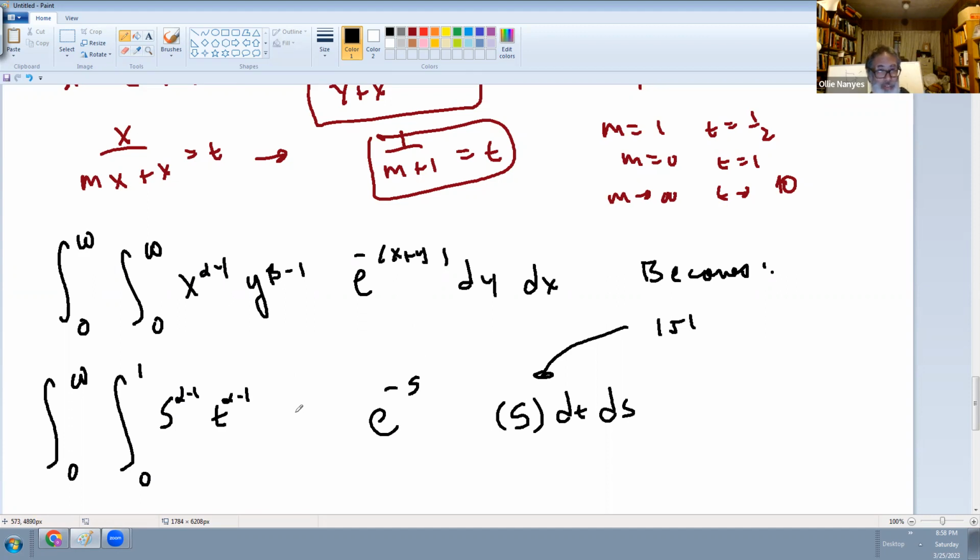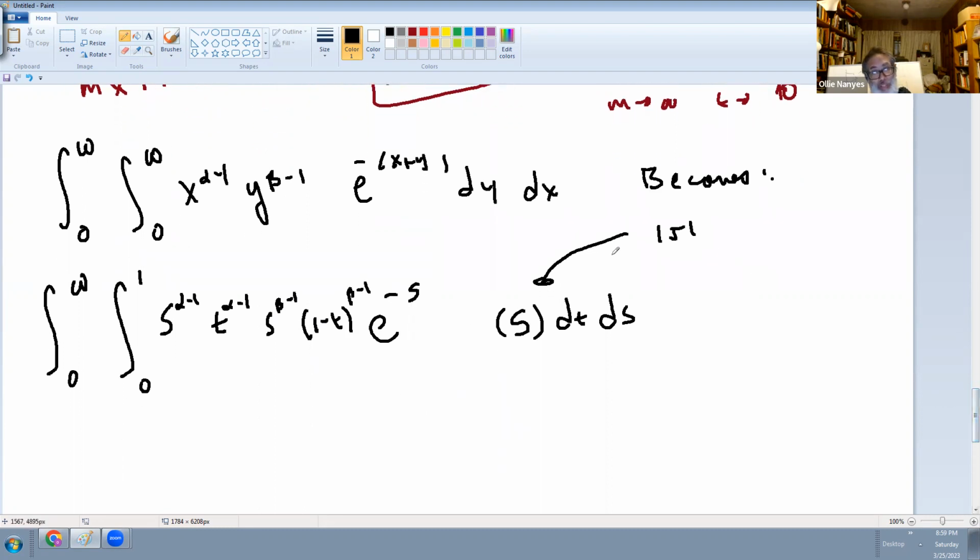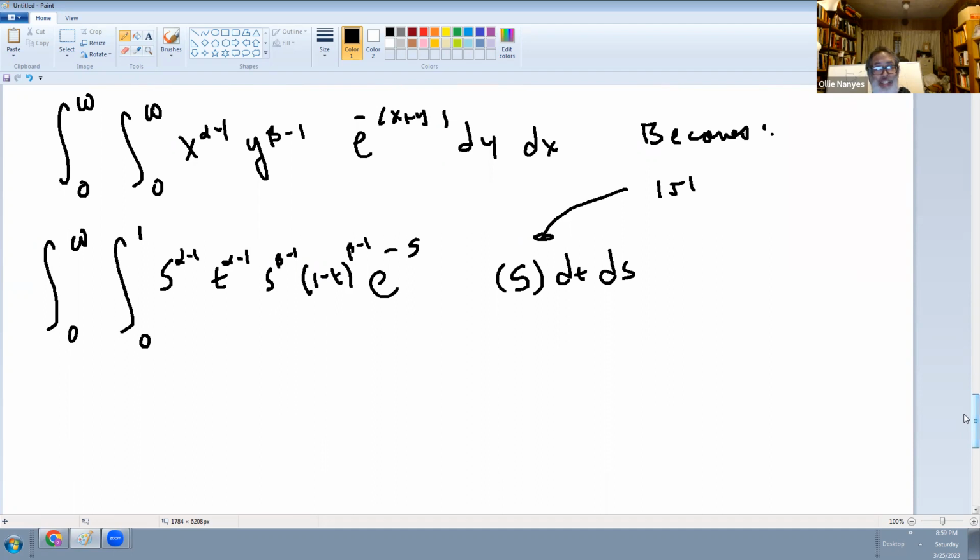And this y here is going to be s to the beta minus 1, 1 minus t to the beta minus 1. What's kind of neat about this is you're starting to see this come into play. This t part is going to form our beta integral, and the stuff involving s is going to form our gamma function.